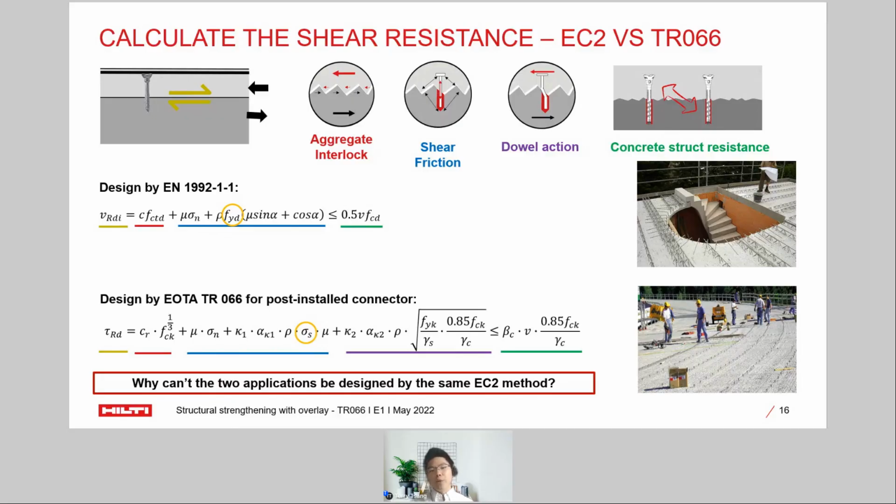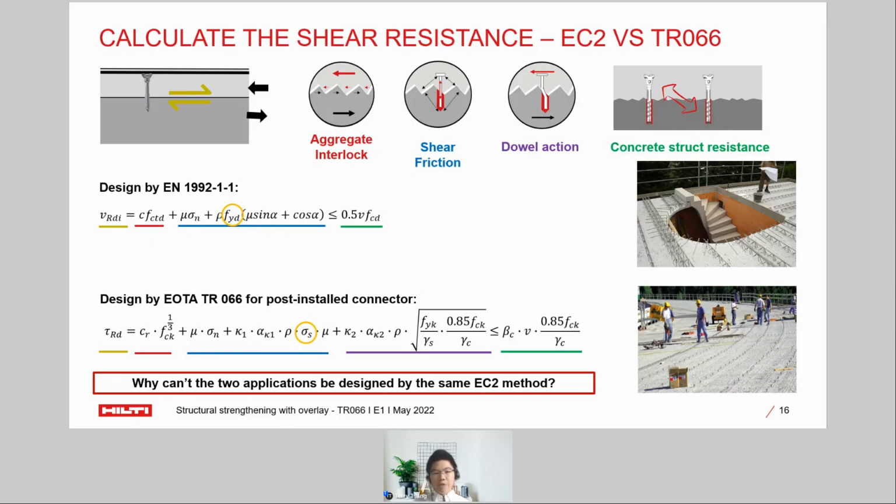The one in purple is the dowel action: the interface shear load applies shear load on the connector, which results in a small lateral displacement and thereby bends the dowel. That's why we call it dowel action. Ultimately, we have the green one, the limiting factor, the concrete strut resistance.